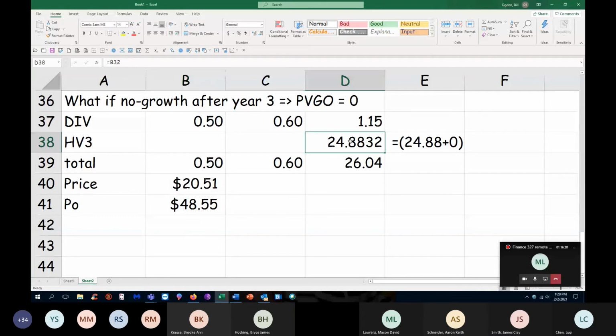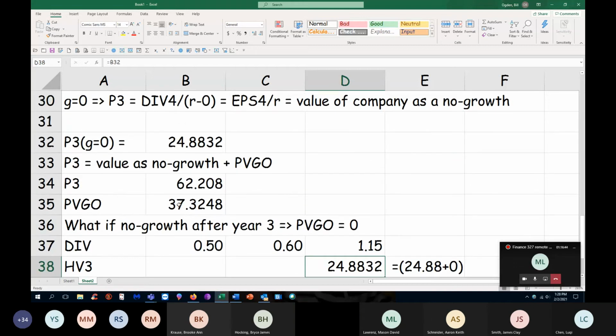This initially was what? 24.88 plus 37.32 for a total of 62.208, wasn't it? But if this company loses its growth opportunities after year 3, then this PVGO number goes to 0.